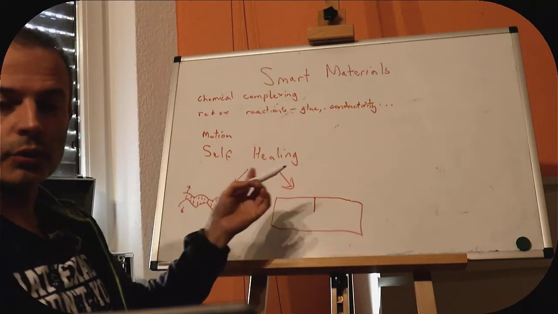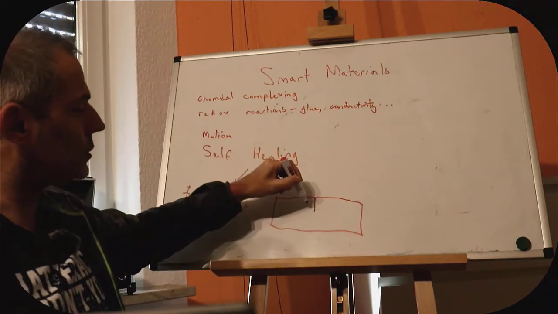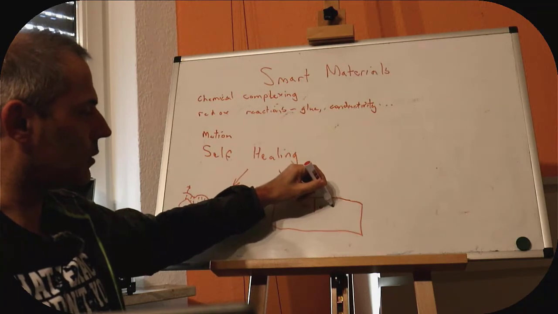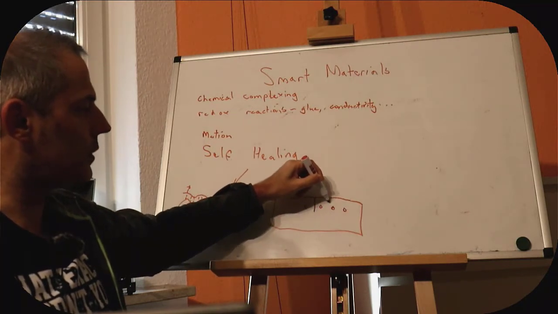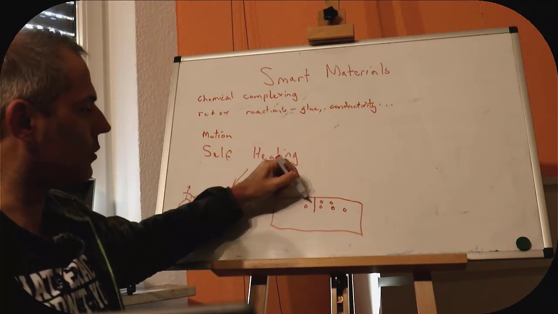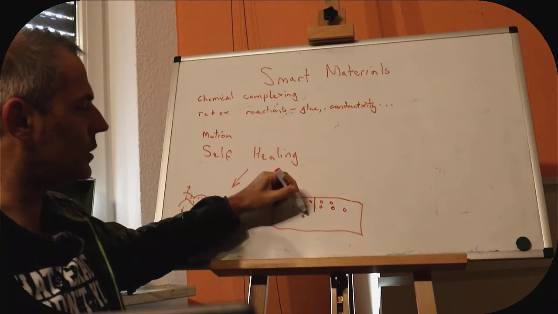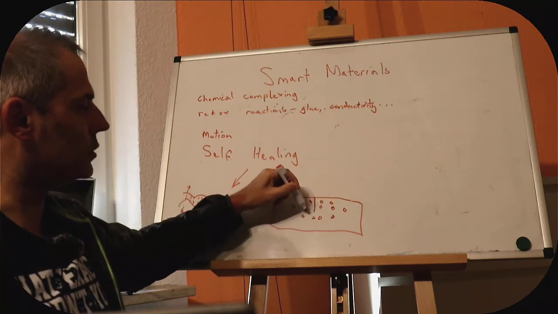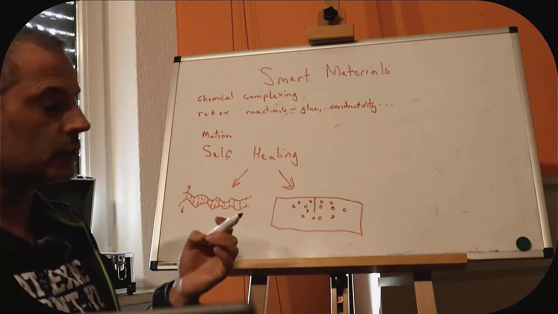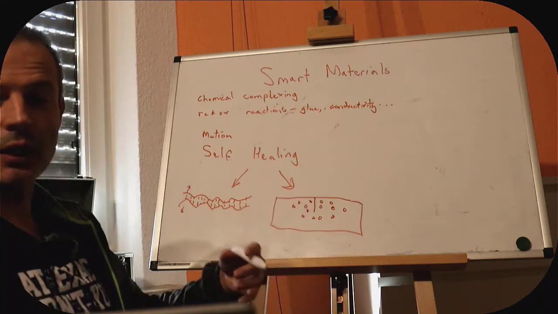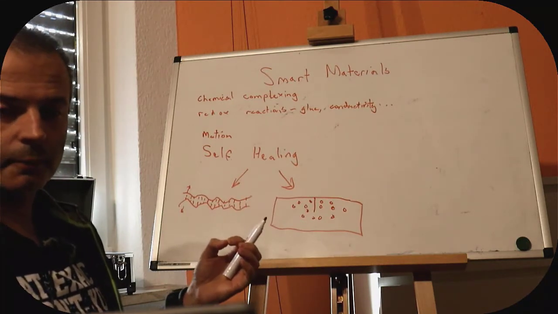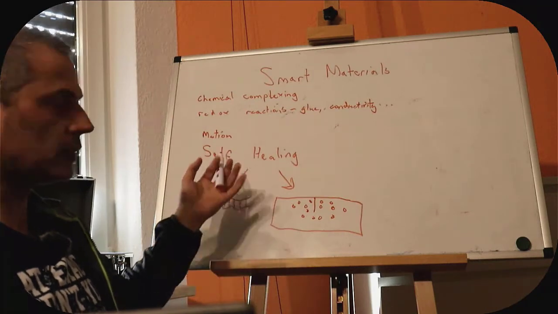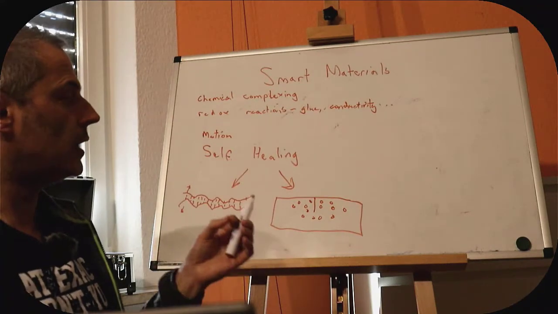If we want to fix that, we could put some little hollow spheres inside our concrete, and they would contain maybe the two components of a two-component epoxy, which leaks out and glues the crack back together. It's a self-healing smart material.